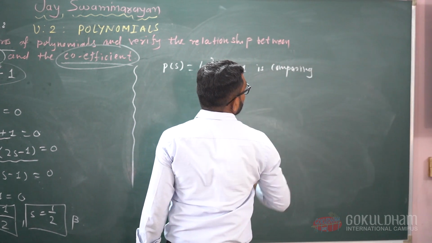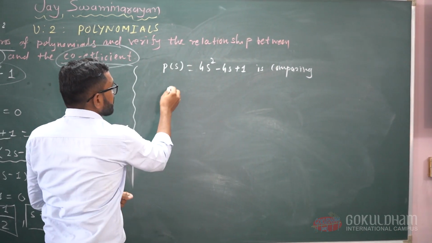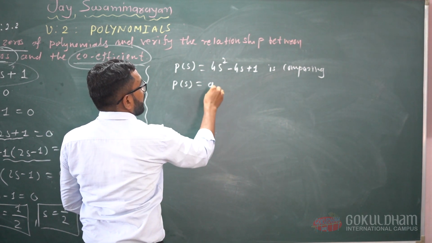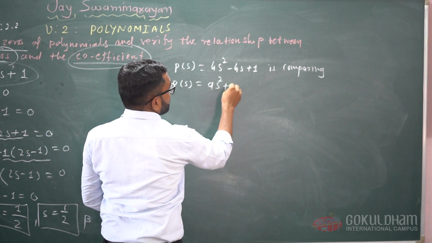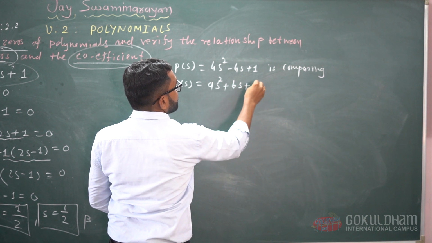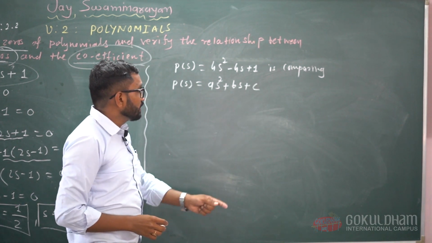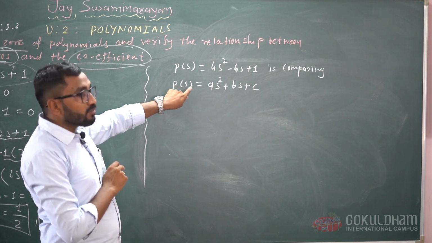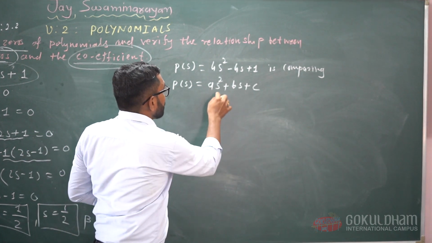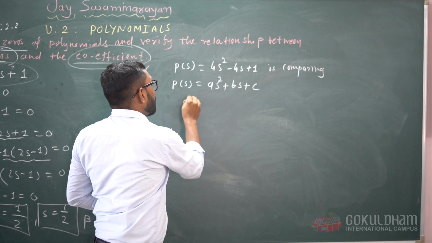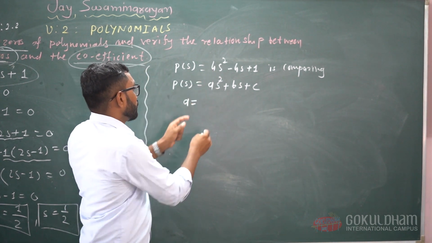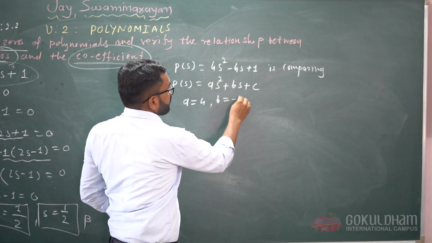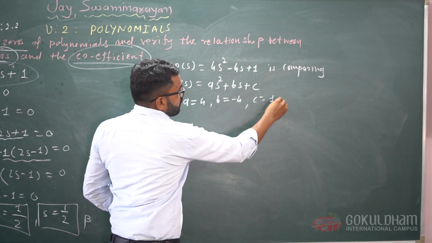Comparing with our general equation, which is P of s equal to as square plus bs plus c, we get the coefficient of s square, a equal to 4, b equal to minus 4 and c equal to 1.